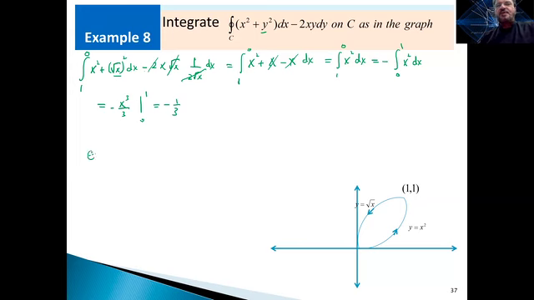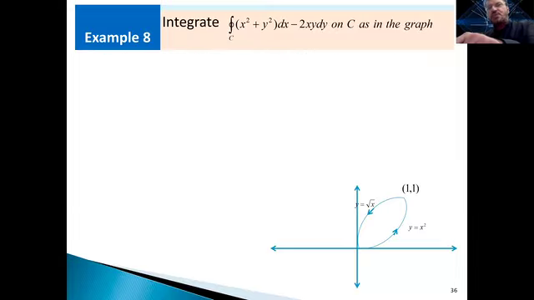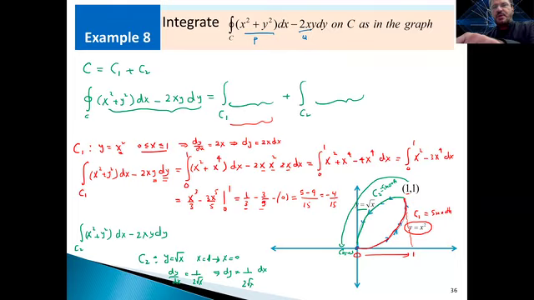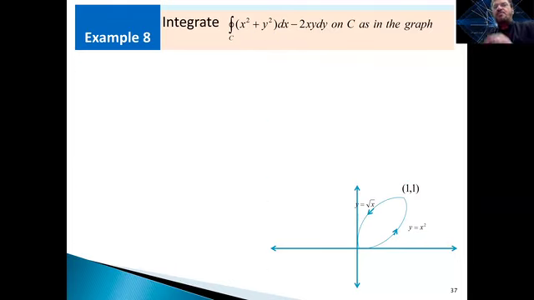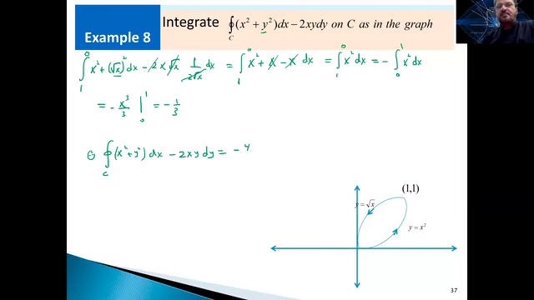So therefore, the integration over the closed curve C of x squared plus y squared dx minus 2xy dy is the first result we got, which was, here it is, minus 4/15 and minus 1/3.